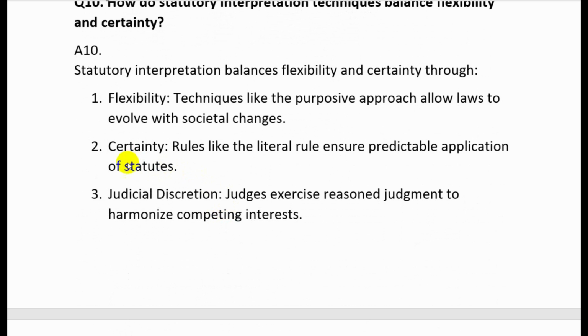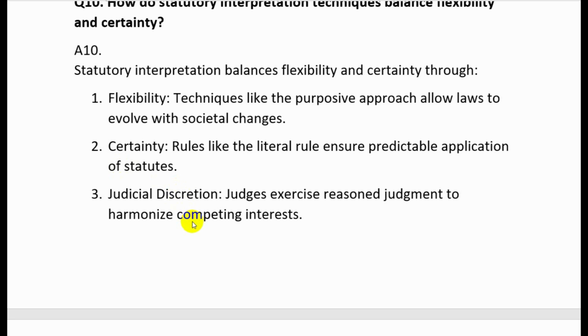Certainty. Rules like the literal rule, golden rule, and so on ensure that there is a predictable application of statutes, which means there is a consistency in how these statutes are applied case after case.